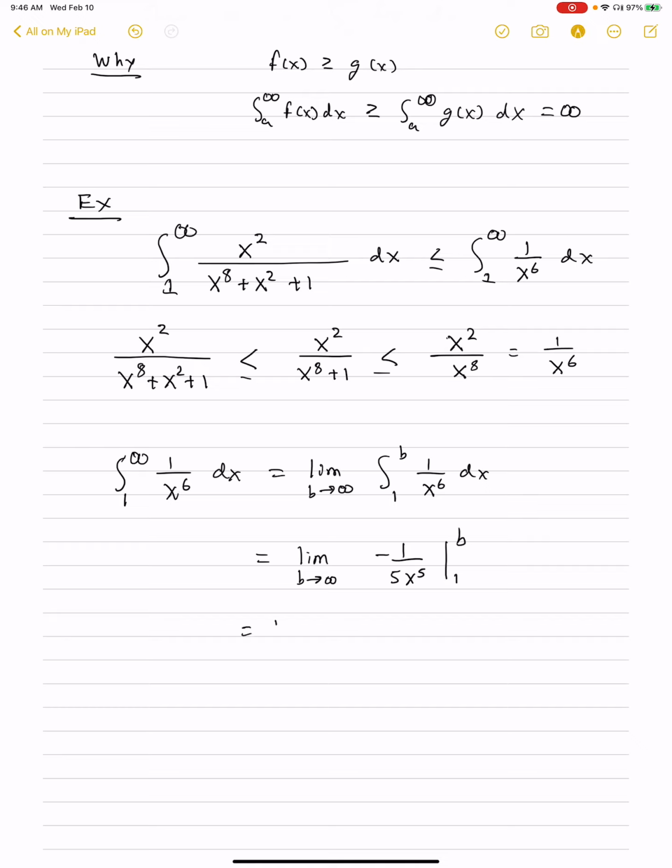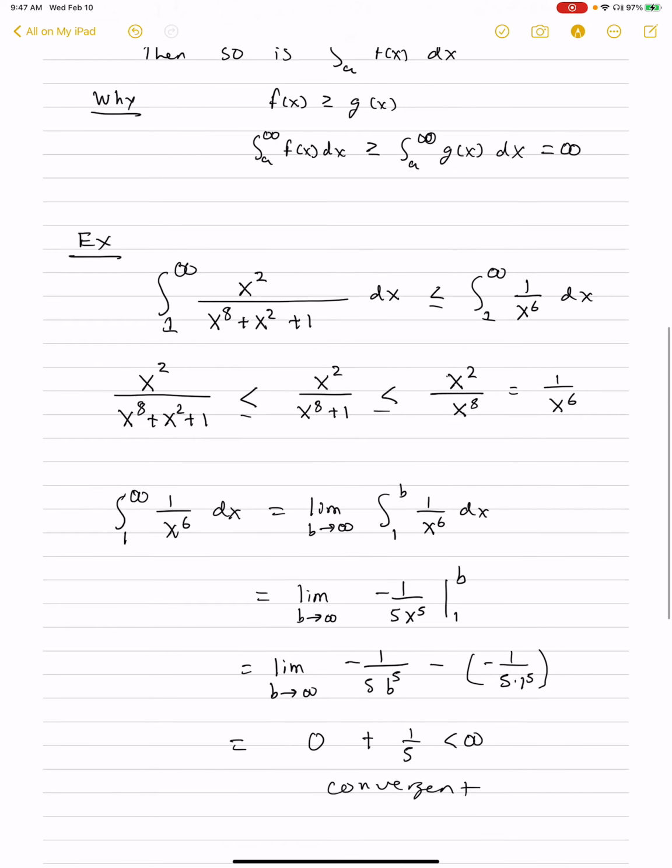Then we just plug in these limits of integration. That limits to 0, and I'm going to add 1/5. So that's less than infinity, and we'd say it's convergent.